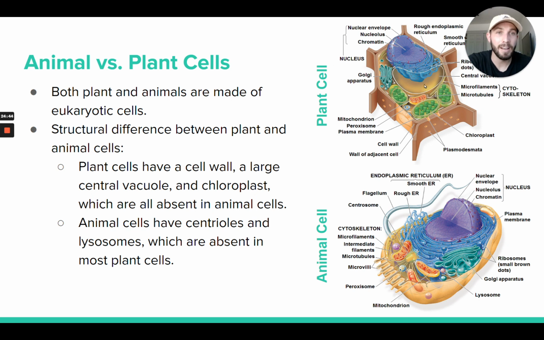Now, the difference is in plant cells. One thing that you'll see different in plant cells is, first of all, they have a cell wall surrounding the cell membrane. There is a cell membrane, but then there's a cell wall surrounding that, which gives a lot of sturdy structural support to plant cells. Animal cells do not have a cell wall. That's one difference. Another difference is this big blob right here.